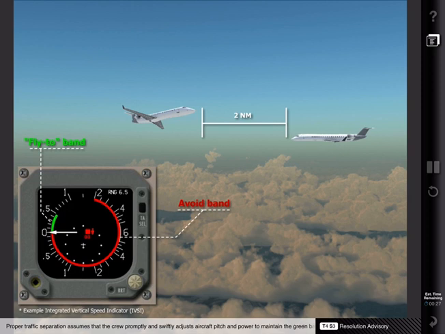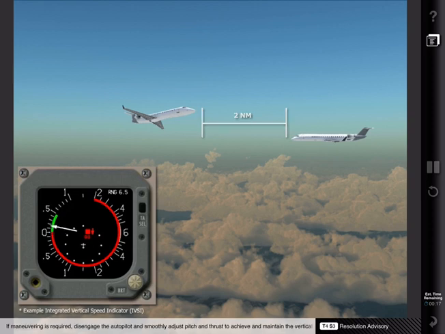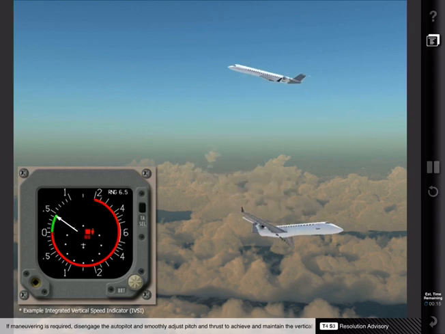Proper traffic separation assumes that the crew promptly and swiftly adjusts aircraft pitch and power to maintain the green band on the VSI. If maneuvering is required, disengage the autopilot and smoothly adjust pitch and thrust to achieve and maintain the vertical guidance indicated by the green band on the VSI.